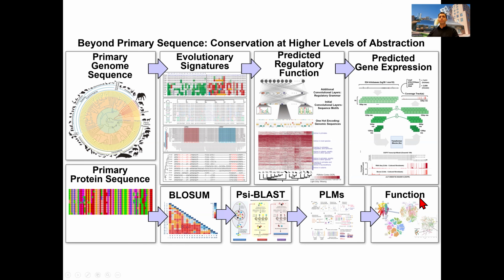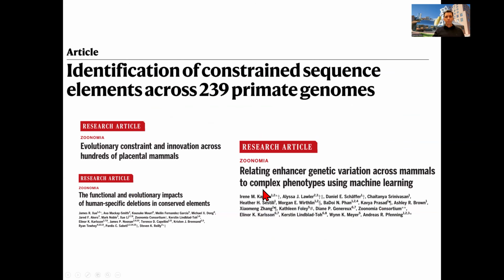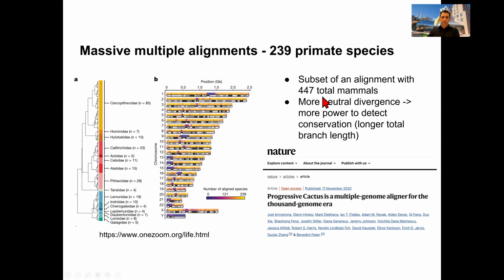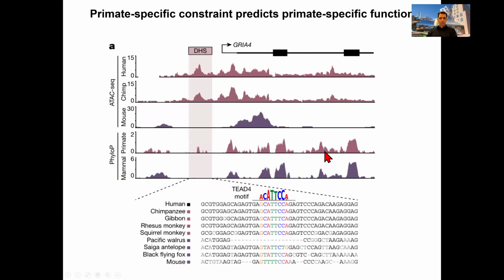Is everybody with me here? So we have now hundreds of primate genomes and hundreds of mammalian genomes, and we can now start measuring evolutionary constraint across all of these species. So you can basically build these massive multiple alignments that have hundreds of species, and you can use 444 mammals to basically have enough power to detect individual positions.